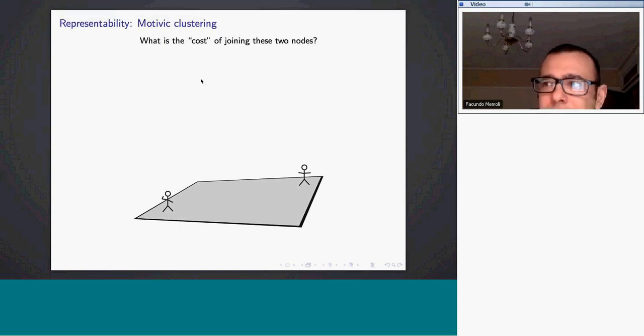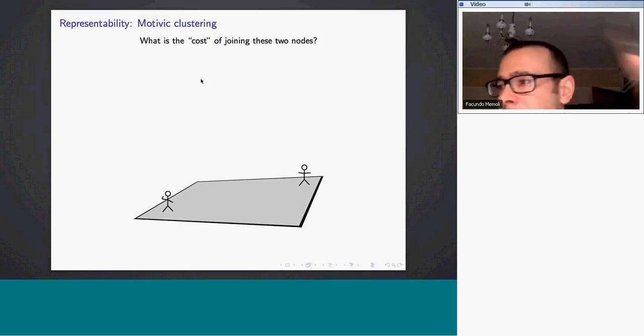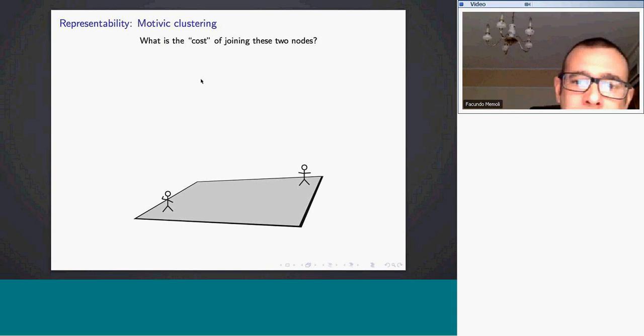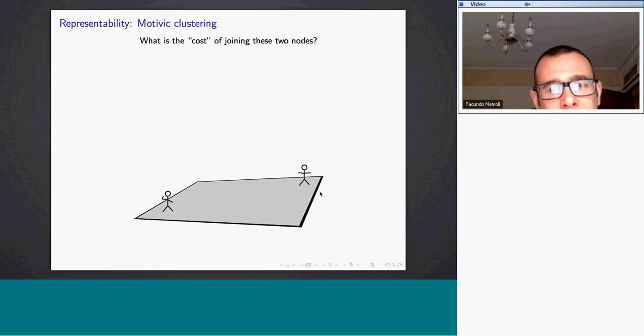So let me intuitively provide a definition for what these motif methods do. Suppose you have some network represented by the gray nodes, and there is a link between these two nodes.